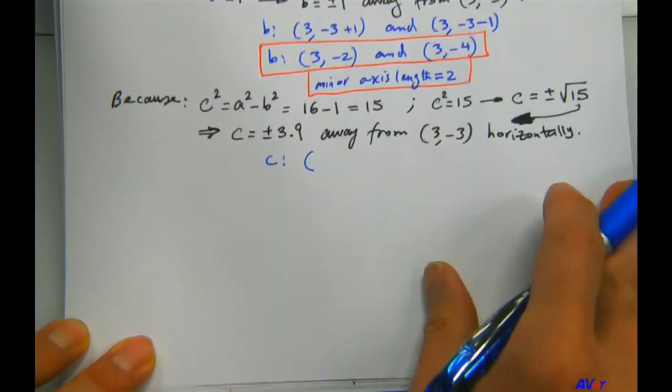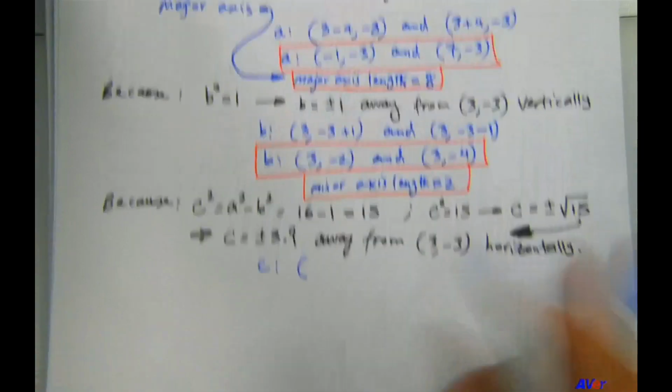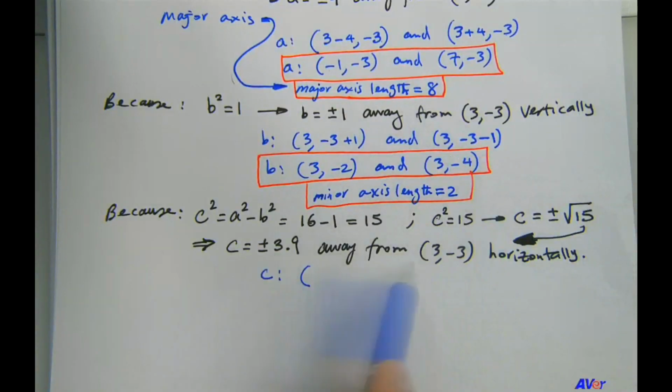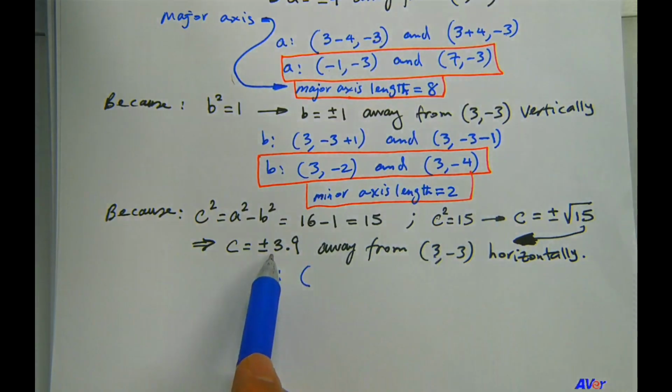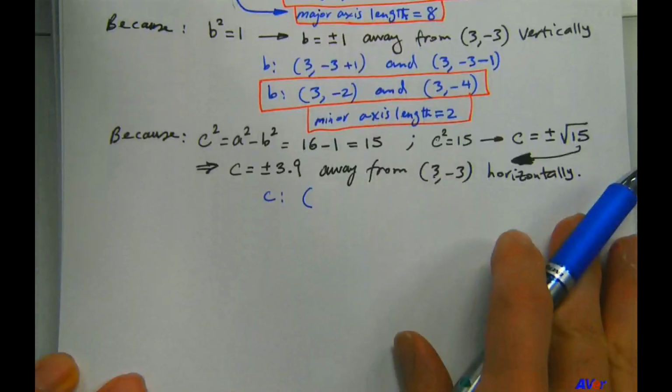So when I'm minus 3.9, yes, that would work.